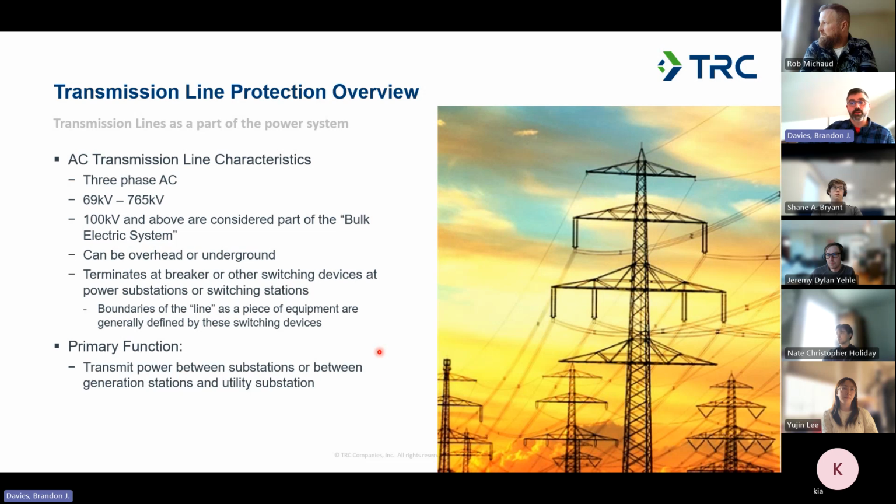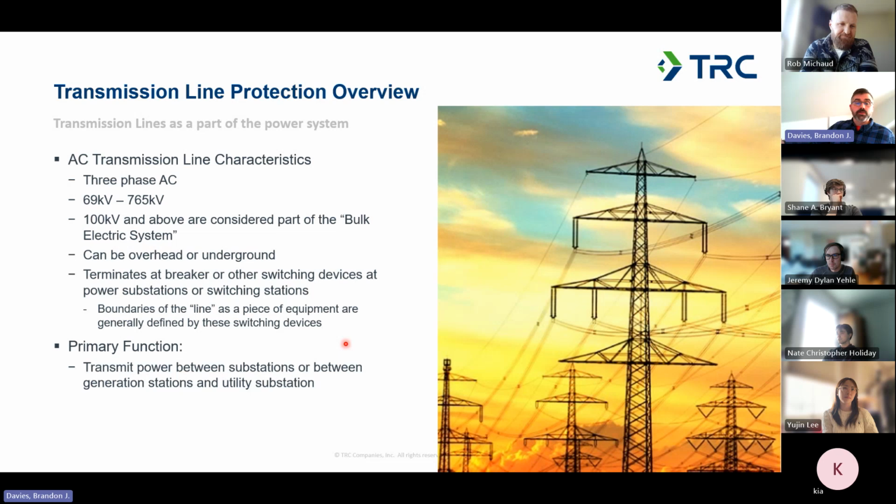Those generally come at a much higher cost, which is why we have things overhead more often than not. Your transmission lines generally terminate at substations or switching stations. The end of the line is delineated by the circuit breaker or switching device at the substation that would disconnect or connect the line to the system.